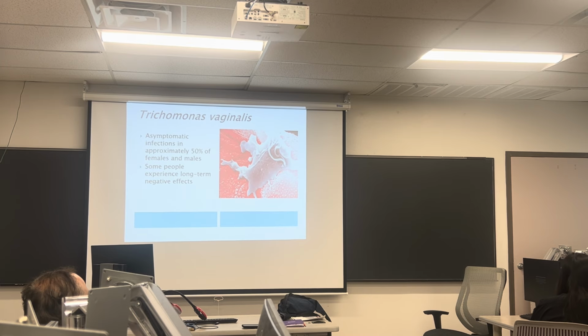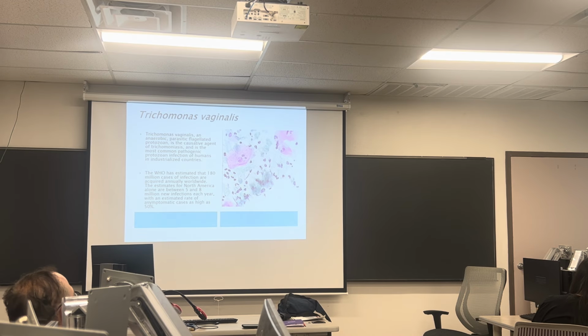Trichomonas is an anaerobic protozoan, and it causes asymptomatic infections in 50% of the people infected by it, right? Some people experience long-term negative effects, like pelvic inflammatory disease, and so it can be truly problematic.